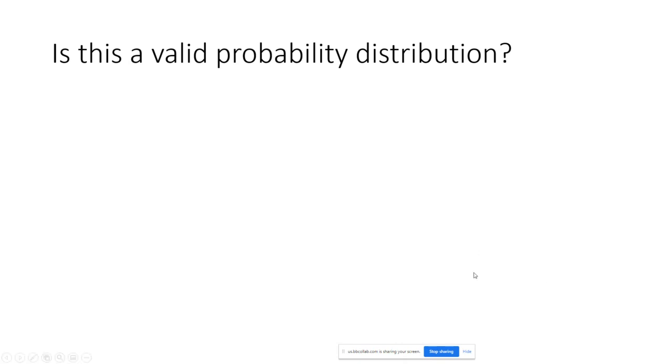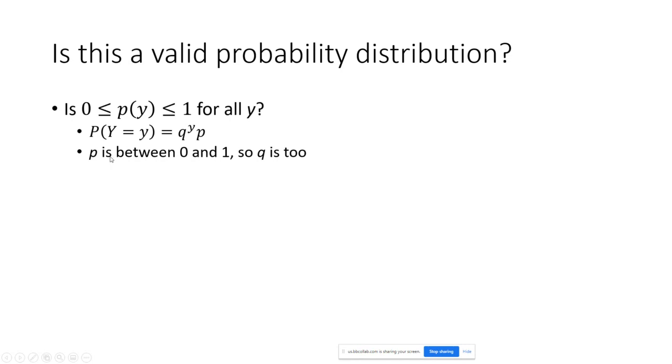So let's check those. First, is the probability of y between 0 and 1 for all values of y? Well, p is between 0 and 1 because it's a probability of a yes result on any one trial. So q is too, because q is 1 minus p.